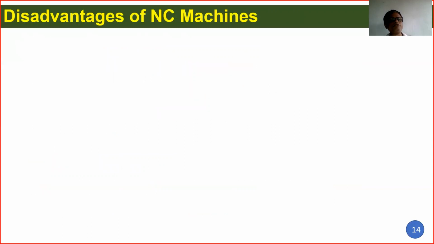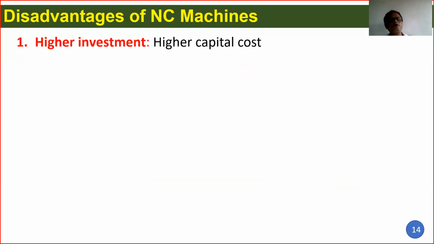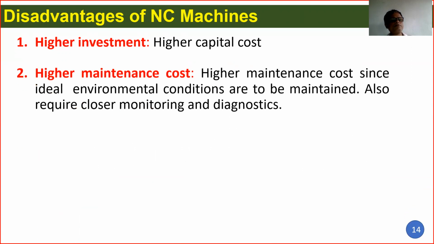Disadvantages of NC machines. It requires higher investment, that is higher capital cost, higher maintenance cost, because since ideal environmental conditions are to be maintained, higher maintenance cost will be incurred.